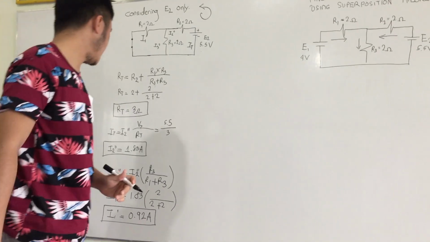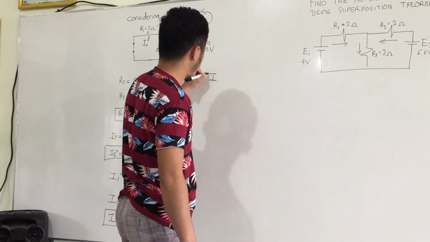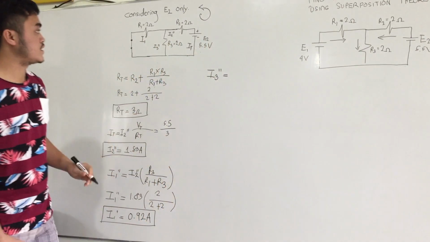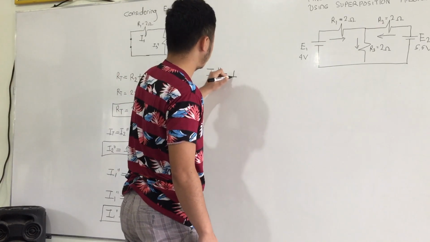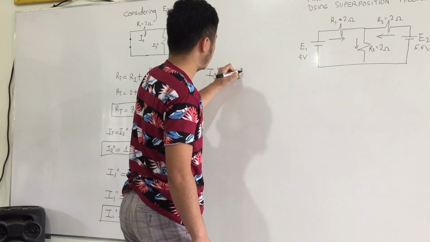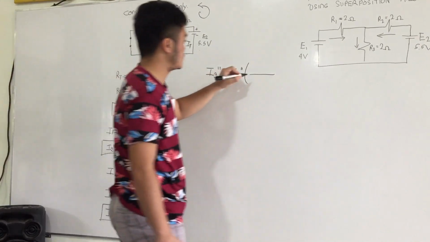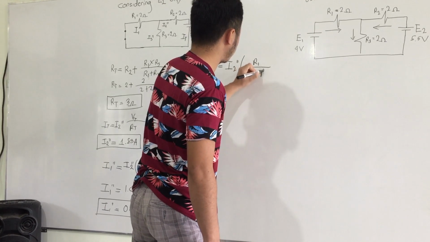Now, we need to find the I sub 3 double prime. Our I sub 3 double prime is equal to the resultant current, that is the I2 double prime, times the opposite resistance, that is the R1, over by R3 plus R1.